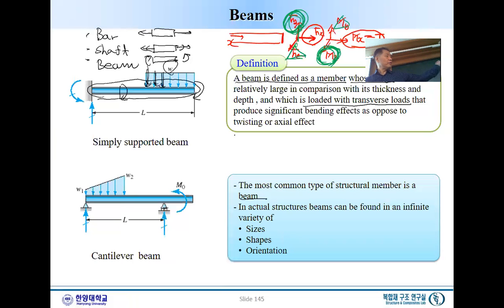Deformation-wise, if you consider bending, the top is simply under compression, right? And the bottom is in tension. So that is a very simple observation, but very important. When you bend, you have a compression on top and tension on the bottom.